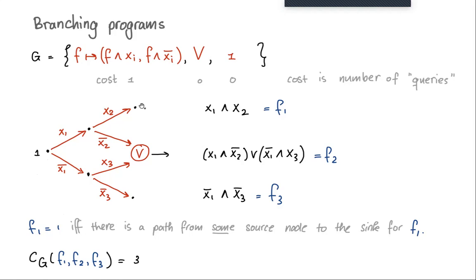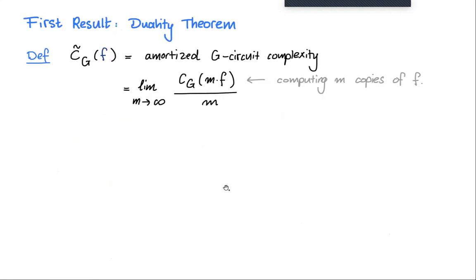So that's the way this kind of circuit computes Boolean functions. And here the cost of this circuit over here is 3. There are 3 query gates. All right. Now, we have seen some examples of these kinds of gate sets.